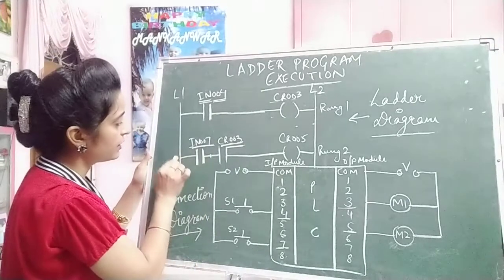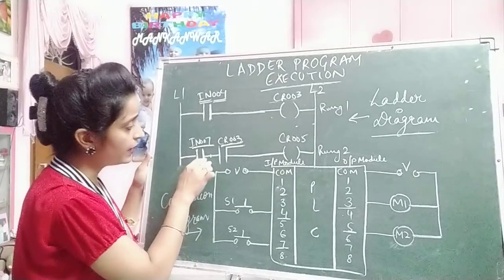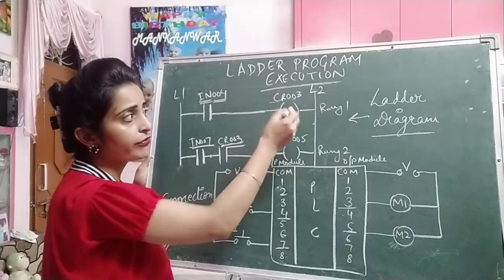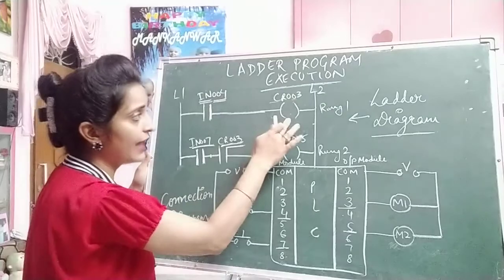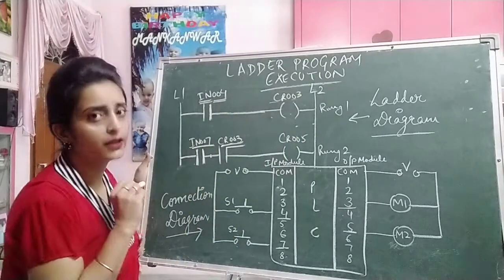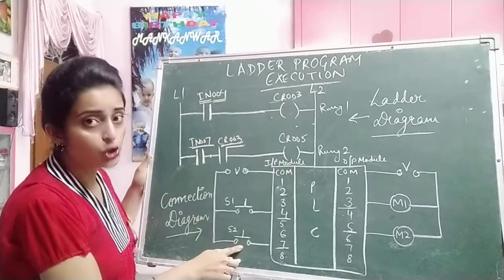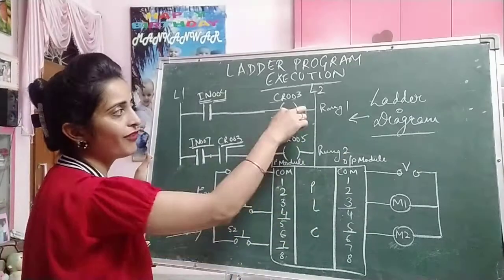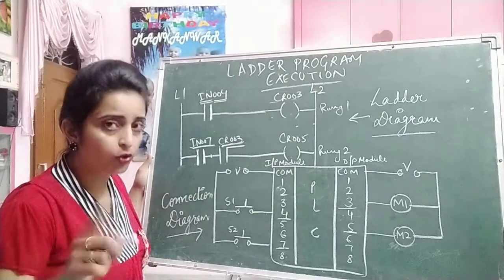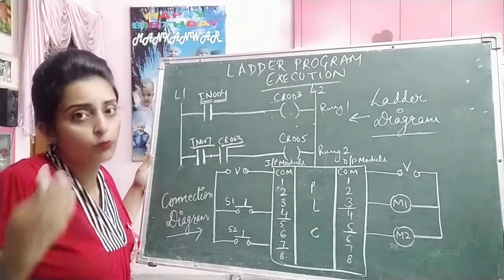Whenever the supply is connected, it will go through this CR003, that is the output of rung 1, which is connected as an input along with this input. That means we want that if the switch is on and motor 1 is on, only then motor 2 should start, or energize, otherwise it should not work. So this is our logic. We want to do it this way.